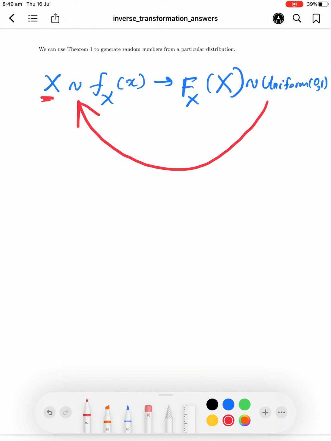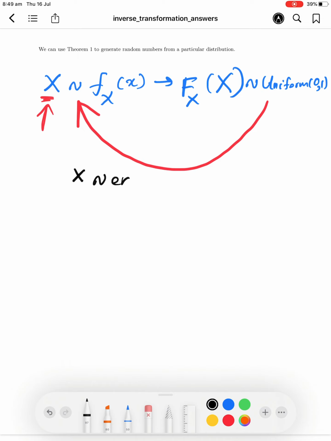We can use the inverse transform method to generate random numbers from X. The inverse transform method can be used to generate random numbers from any continuous distribution. Let's try to understand this using an example.